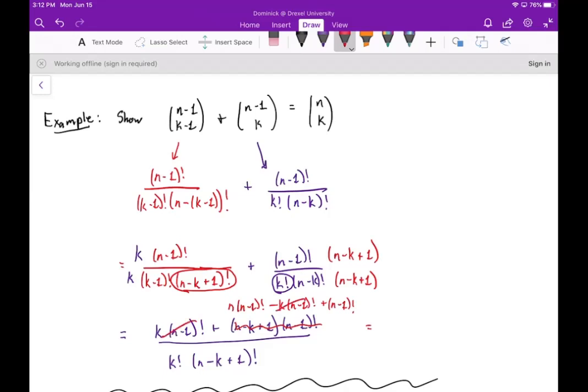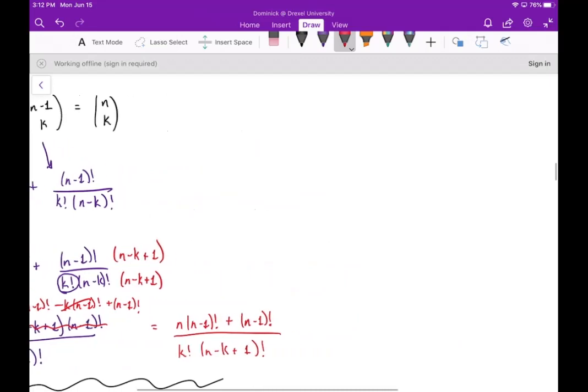I'm going to be left with an n times (n minus 1) factorial plus (n minus 1) factorial over a k factorial times an (n minus k plus 1) factorial.